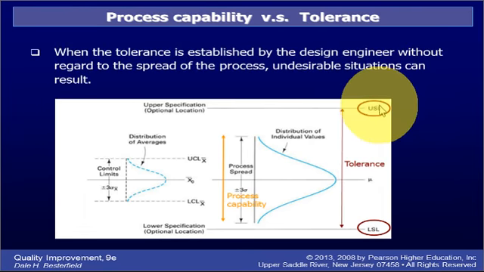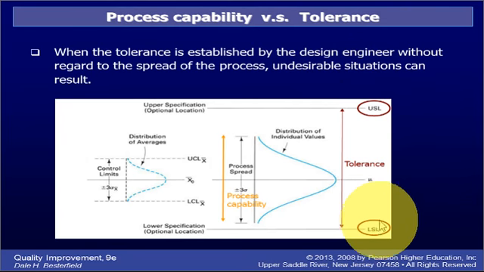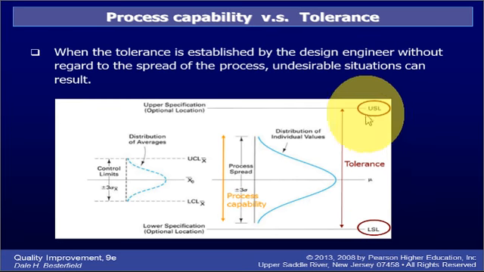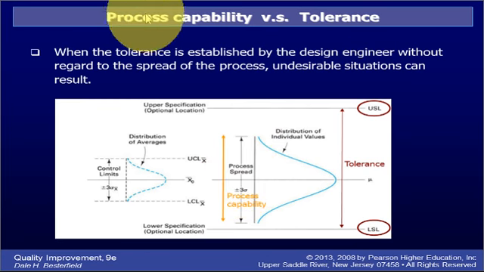As I mentioned, the specifications are determined by the design engineer. So if this tolerance is established by the design engineer without regard to the spread of the process, without regard to the 6 sigma, then undesirable situations can result.